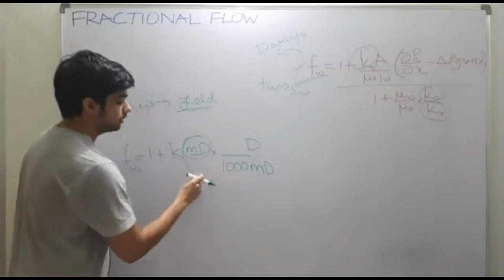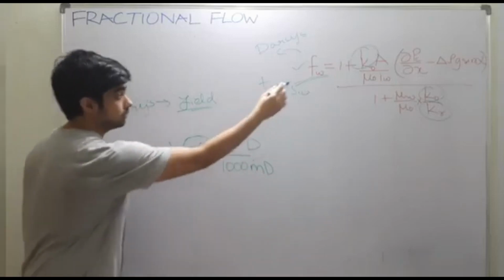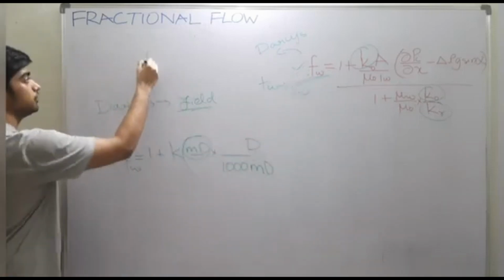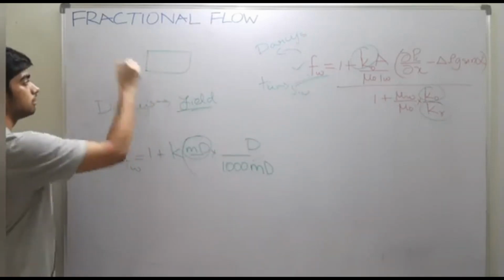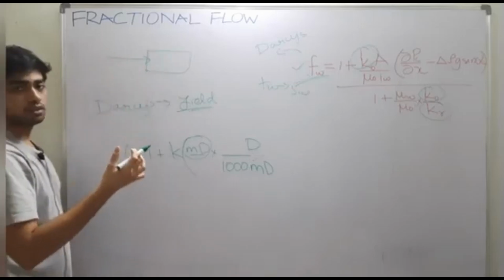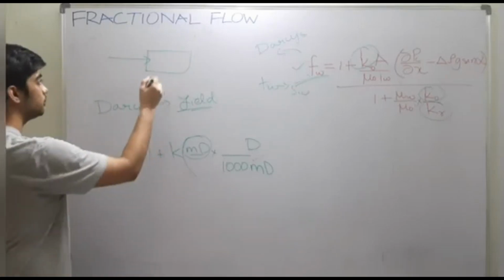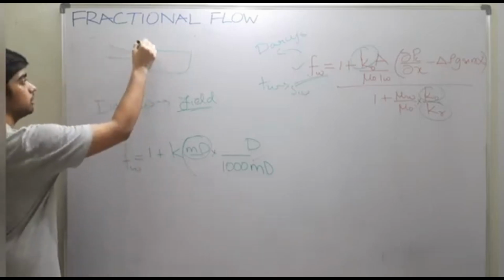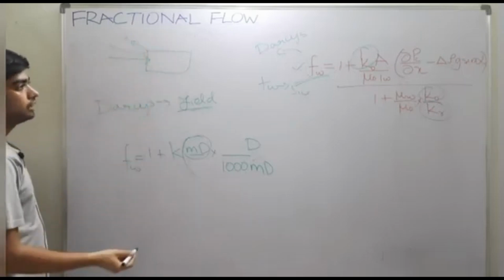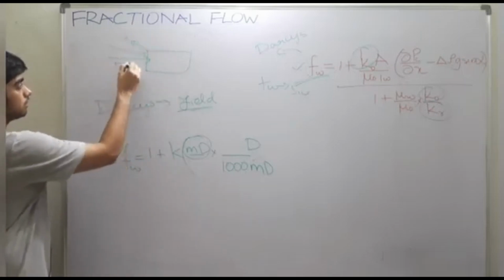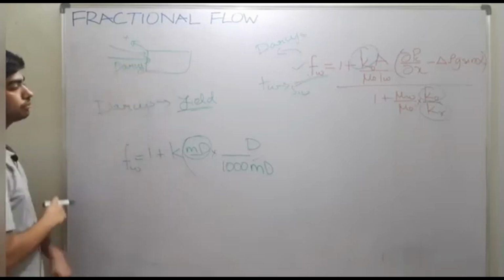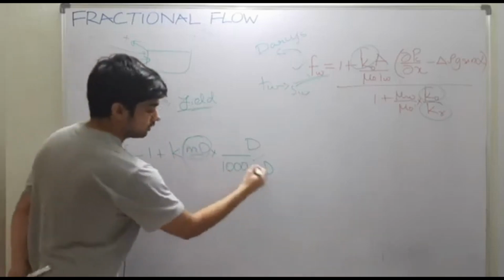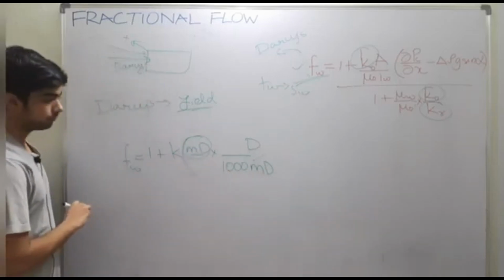So basically you have to cancel out this field part, because we are making changes in this equation and this equation is like a machine. Only specific variables can be added into this equation. If you add a field variable into this machine, it will reject and give you a wrong value. We can only enter Darcy units into this machine. Therefore we have to cut out the field counterpart.